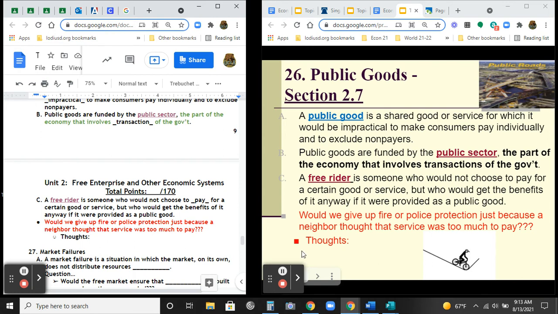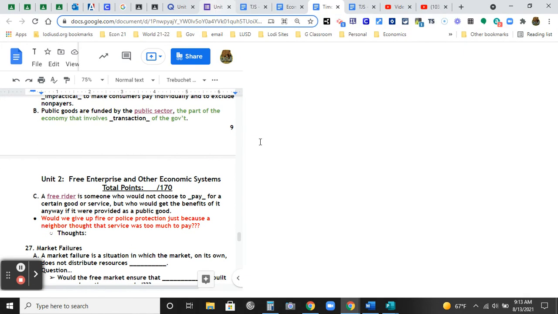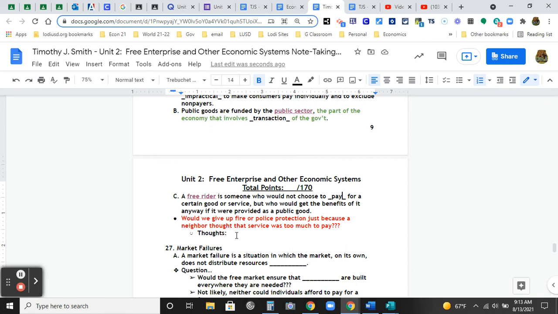Let's say your neighbor is just hardcore economics, and doesn't want to pay for the fire service or the police service. But then, if nobody pays, we don't have those things. So, should we let that neighbor not pay? No, because we don't want to live the purge. We also don't want to live in arson world. So we make that person pay through their taxes.